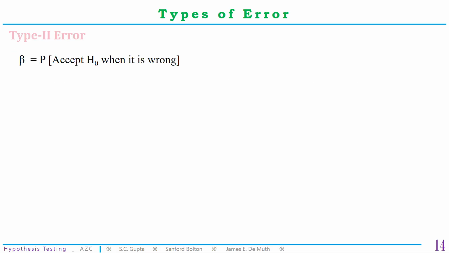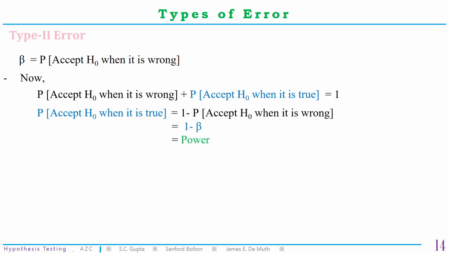Beta is equal to the probability of accepting the null hypothesis when it is wrong. Now, the probability of accepting the null hypothesis when it is wrong plus the probability of accepting the null hypothesis when it is true is equal to the total probability, that is, 1.